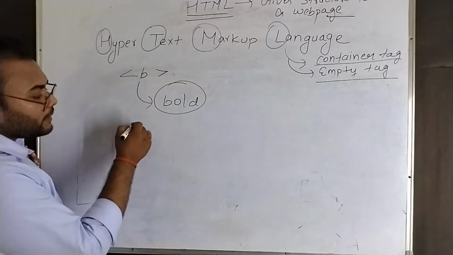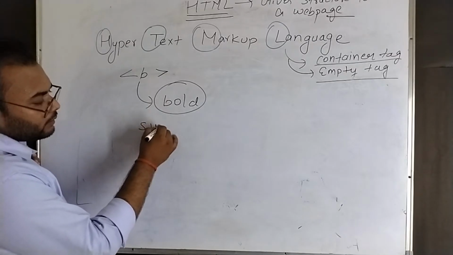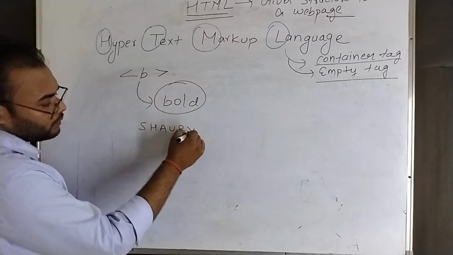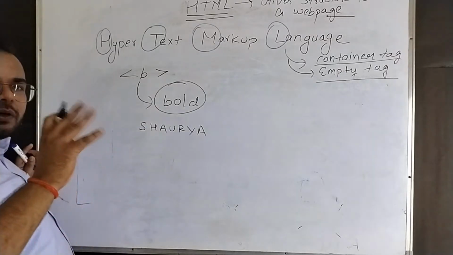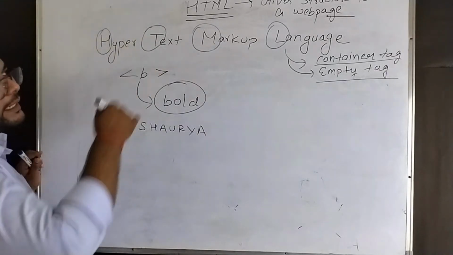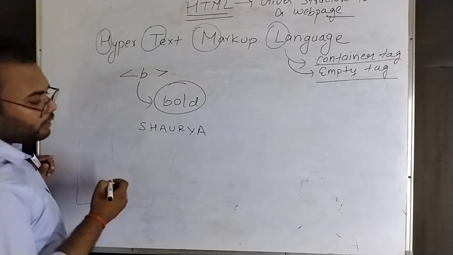Boldness of any text means suppose मैंने लिखा शौर्य है, ठीक है, ये दिख रहा है. मुझे थोड़ा सा इसको हाईलाइट करना है, बाकी टेक्स्ट से अलग करके मुझे हाईलाइट करना है. What I will do?